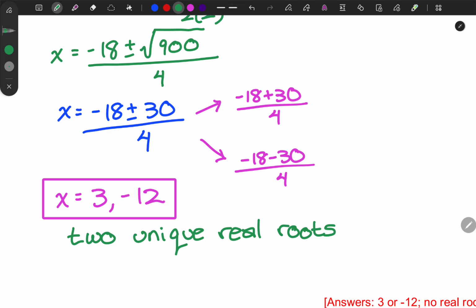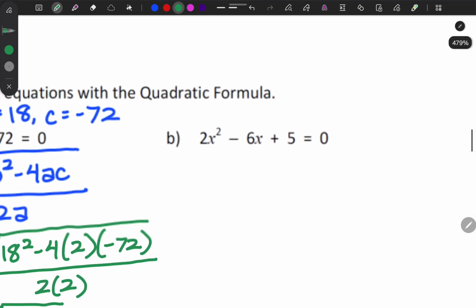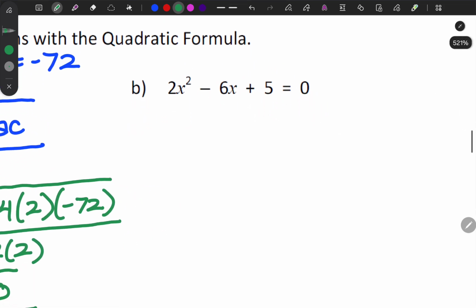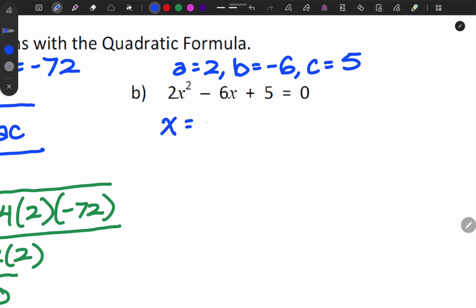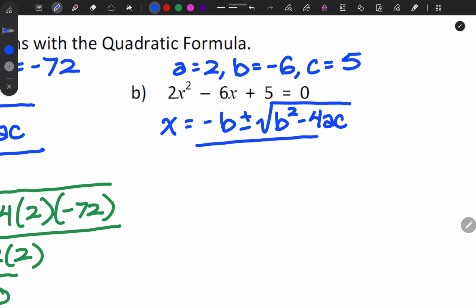And again, let's go on to our last example. Slightly nicer, smaller numbers here. Let's just identify a, b, c. a is 2, b is negative 6, c is 5, and we'll just copy out the formula again. x equals negative b plus or minus the square root of b squared minus 4ac all over 2a.